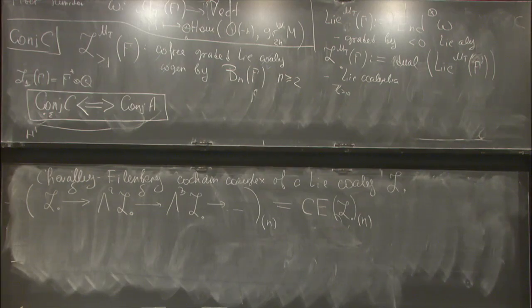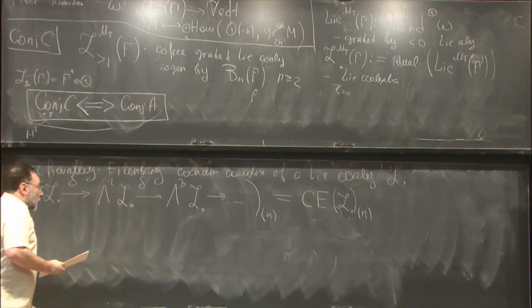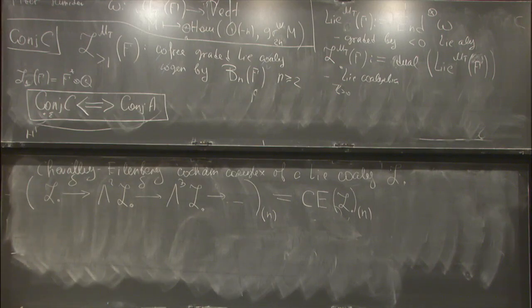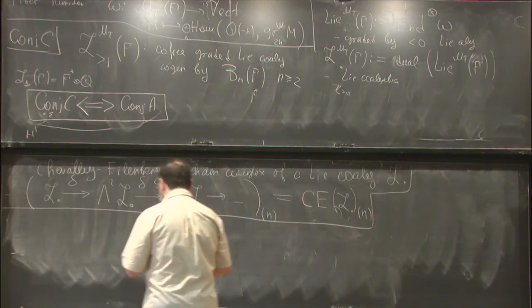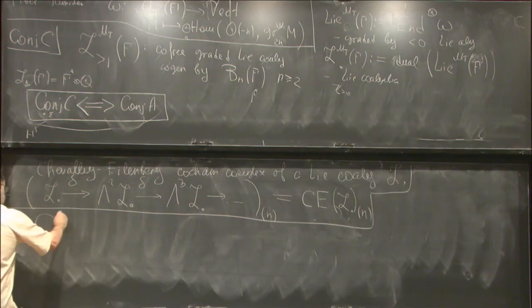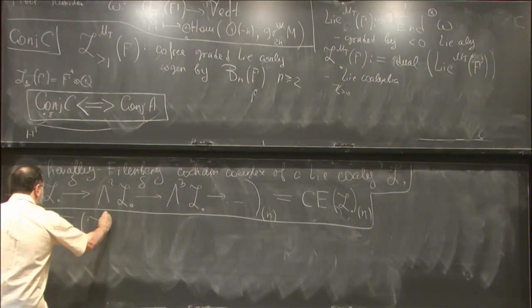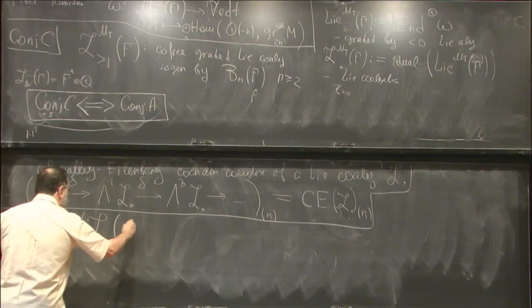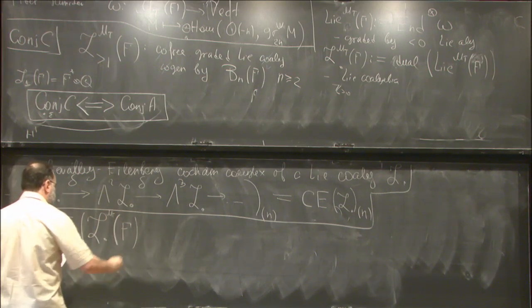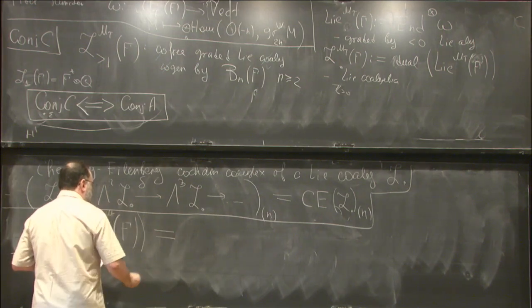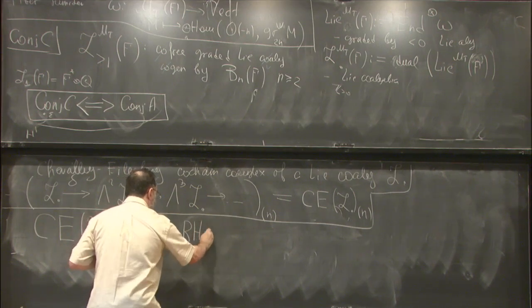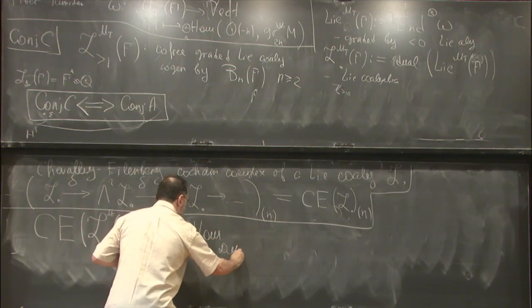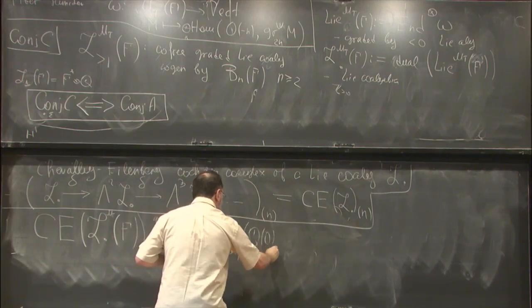And one of the reformulations of these conjectures I was talking about is the following one. If you take this Chevalley-Eilenberg complex of the motivic Lie algebra of the field F, I call it MT, then this is quasi-isomorphic to this motivic complex RHom in DM_F between Q(0) and Q(n).